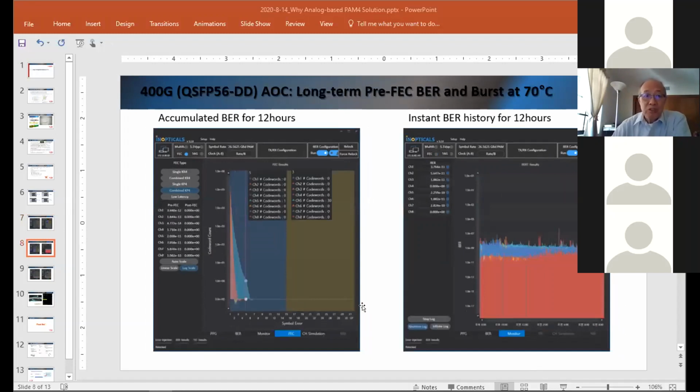The next picture shows you the long-term test. You can see 12 hours overnight. There are some bursting signals, right? You can see on channel 5, some of that. But this is allowed. It's a known issue on 400G.